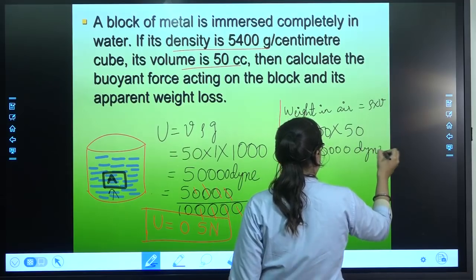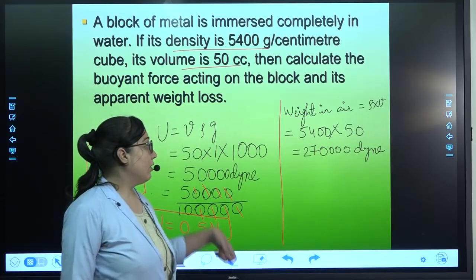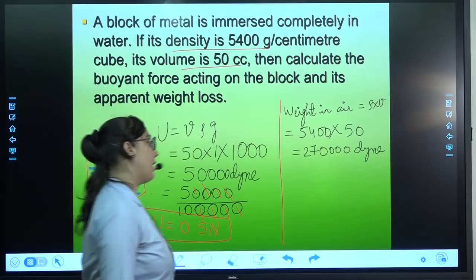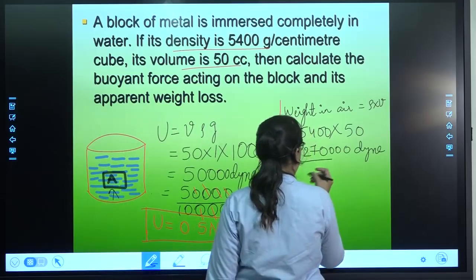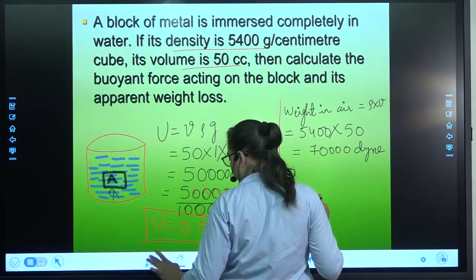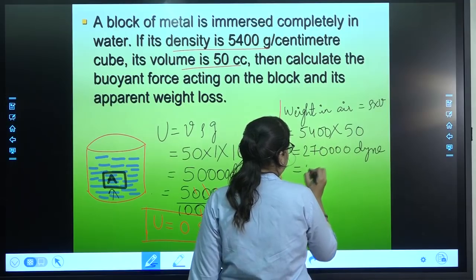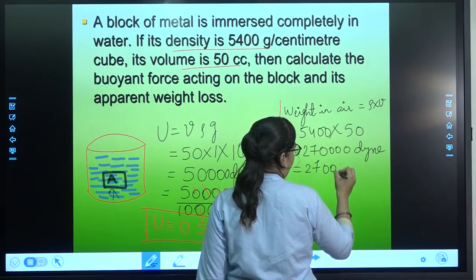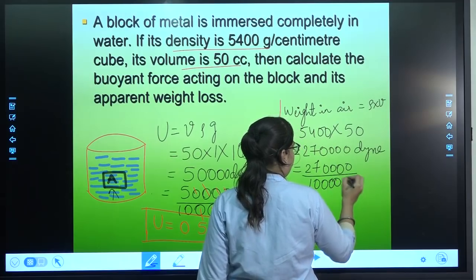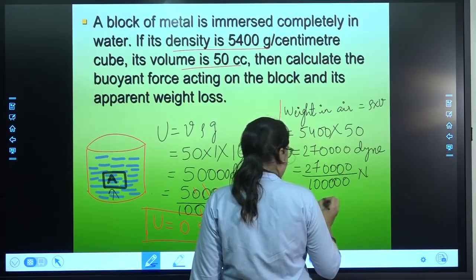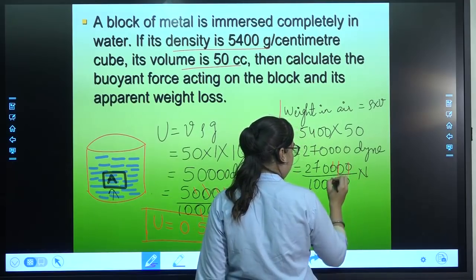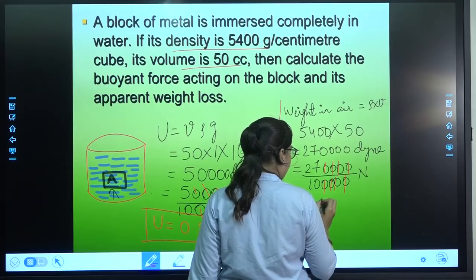This much dyne. Now, you have it in dyne and you want to convert it into Newton. What to do? Divide by 5 zeros, that is 2.7 Newton.